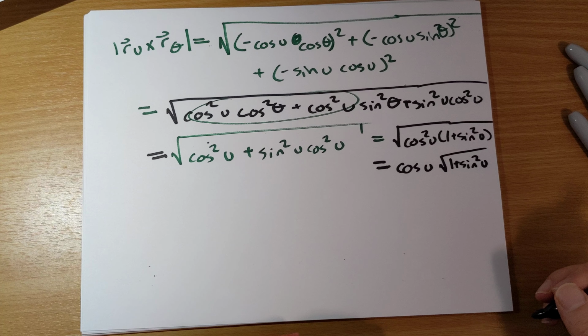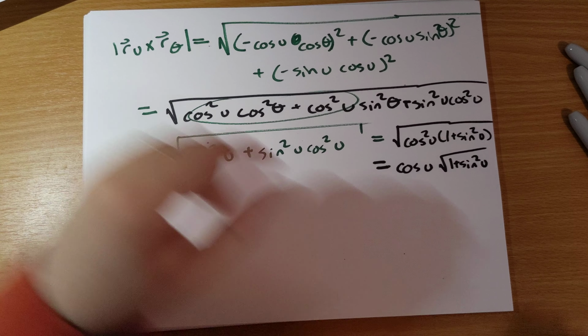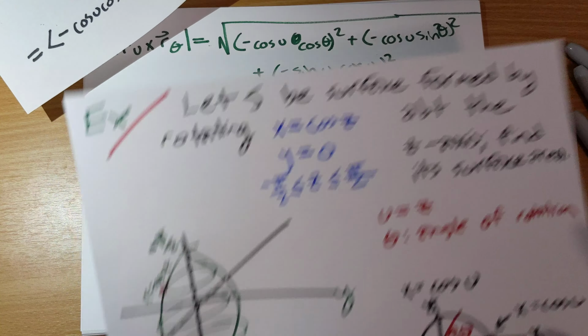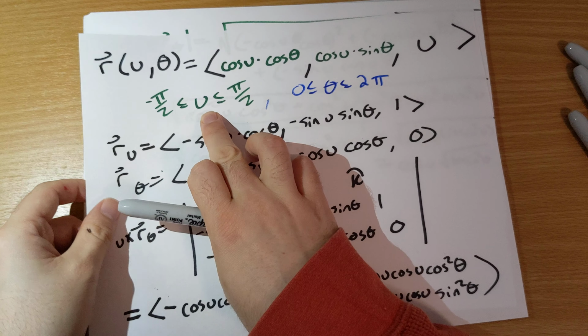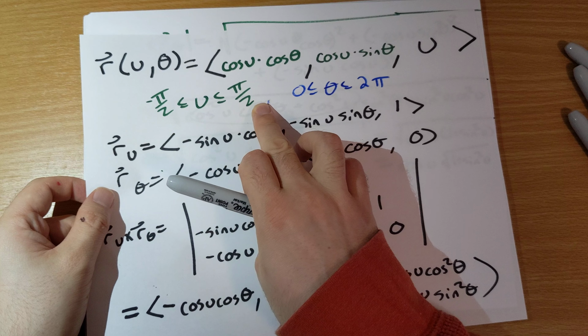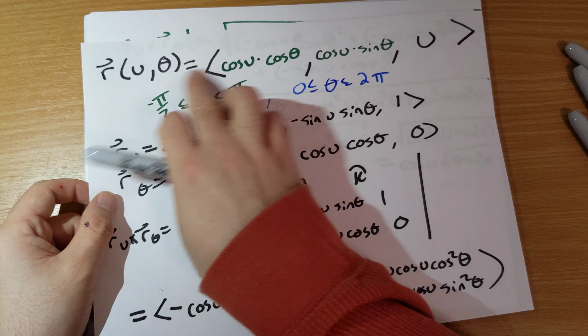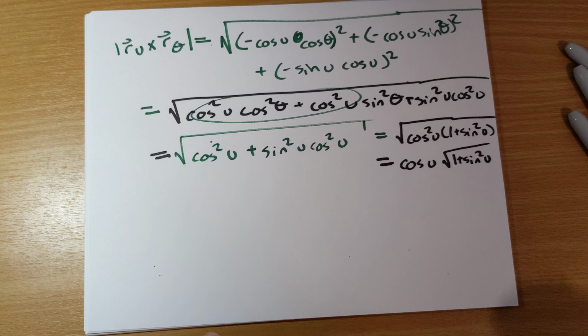Now, usually we have to be careful about moving a square outside of the square root. In this case, because our bounds here are u between negative pi over 2 and pi over 2, cosine of u is always non-negative on this interval. So this checks out.